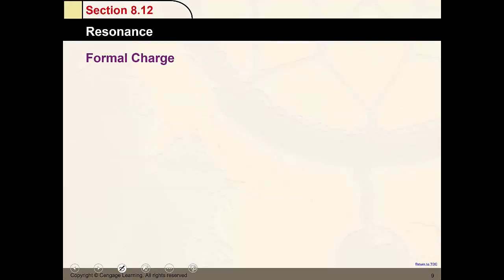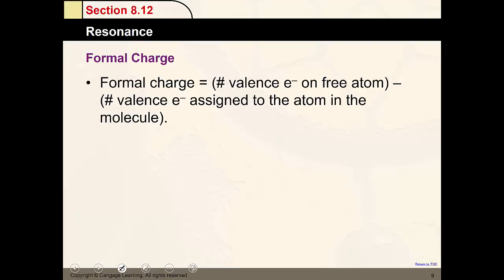Okay, so formal charge is the number of valence electrons on a free atom. So let's say we're talking about oxygen, we know oxygen always has 6 valence electrons. And then it's minus the number of valence electrons assigned to the atom in a molecule.